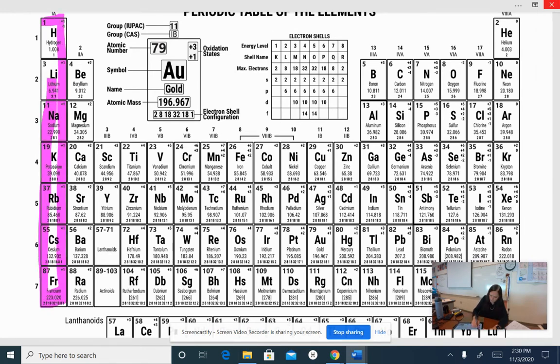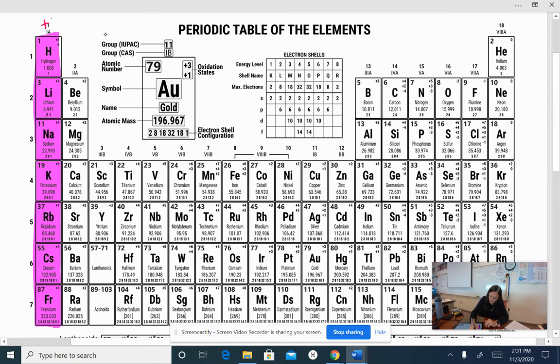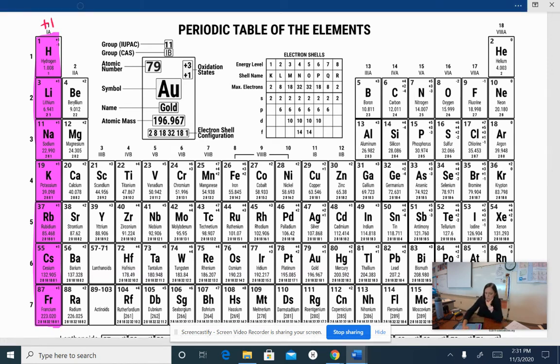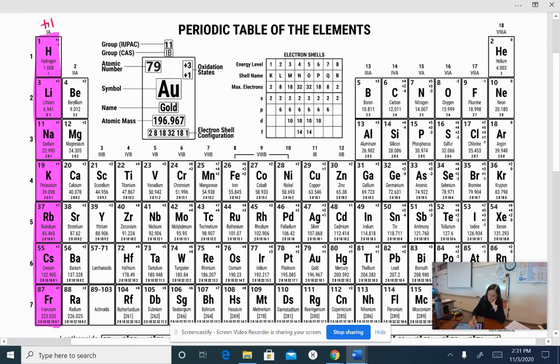This whole group right here will give us +1, okay? So we are going to label these +1. They will give us a +1 charge. Let's do our group 2. Let's change our color here. Group 2, these will give us a +2 charge. So let's change our pen.